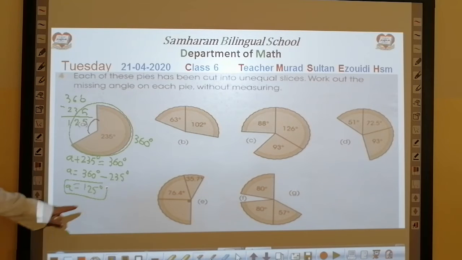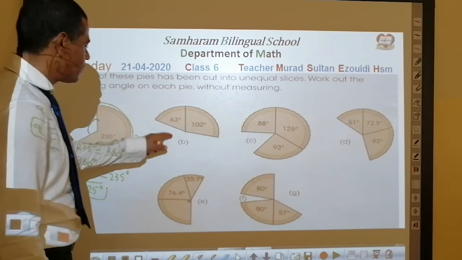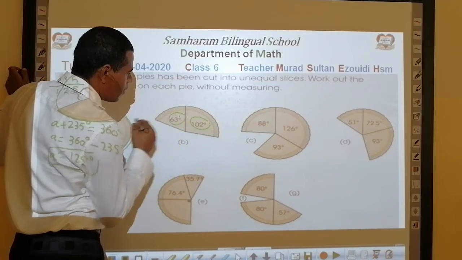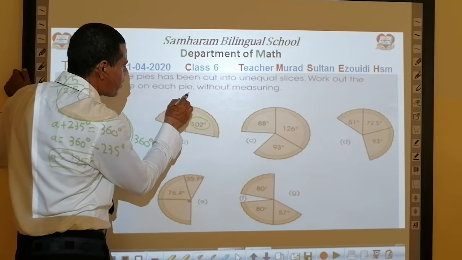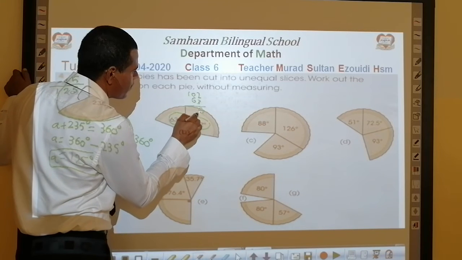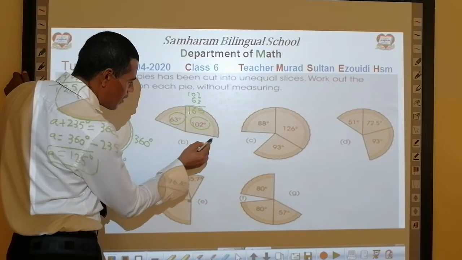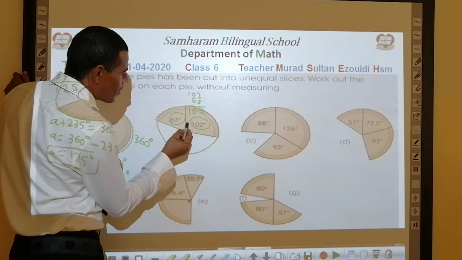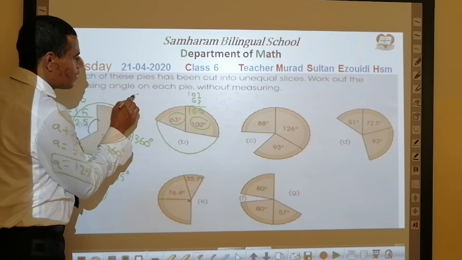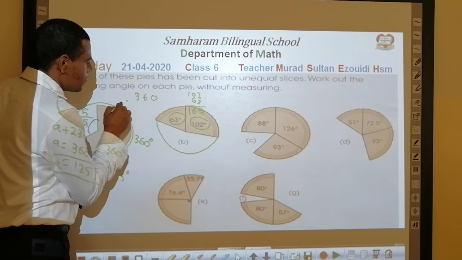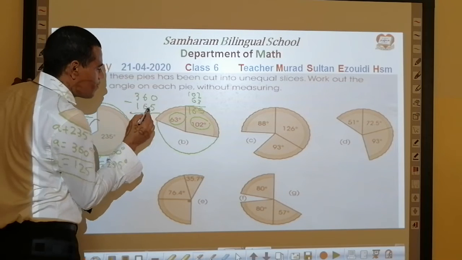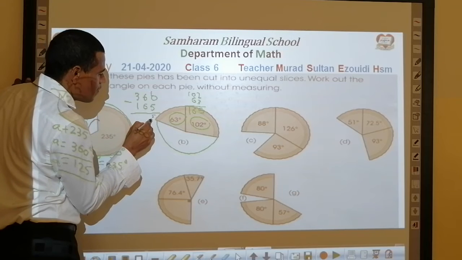Okay. Then the next one. This one, I will just add this to that. It will be 102 plus 63 gives 165. To find this, my kids, just make 360 minus 165. 0 minus 5, not possible. 10 minus 5 is 5.